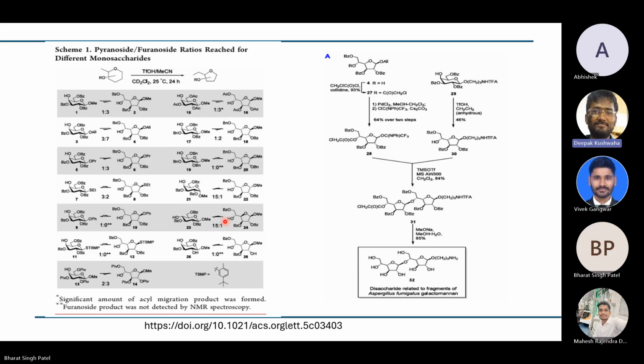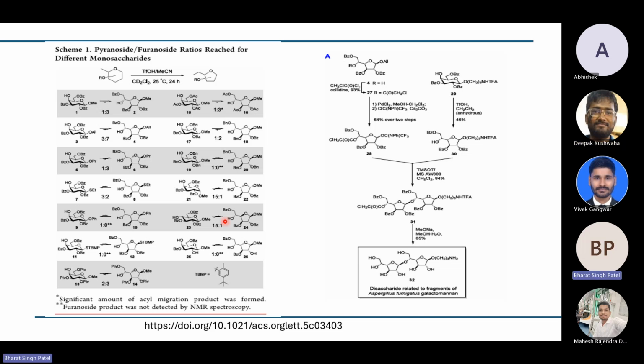That's why it is staying there. True. In other cases too, while doing glycosylation at the anomeric position on free sugars, it is very common to observe this furanose product in galactose. Yes, but that is not happening in other sugars.